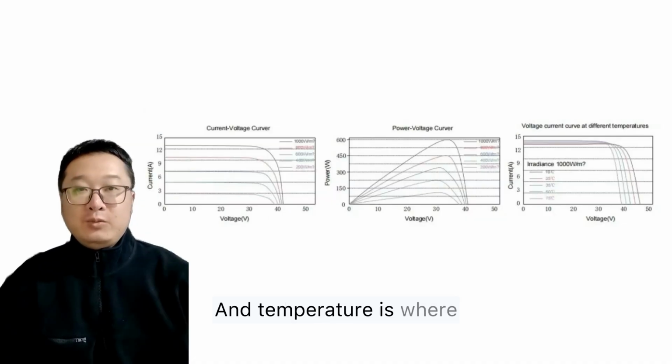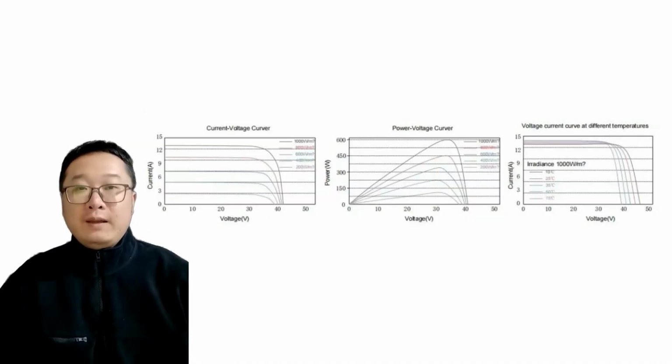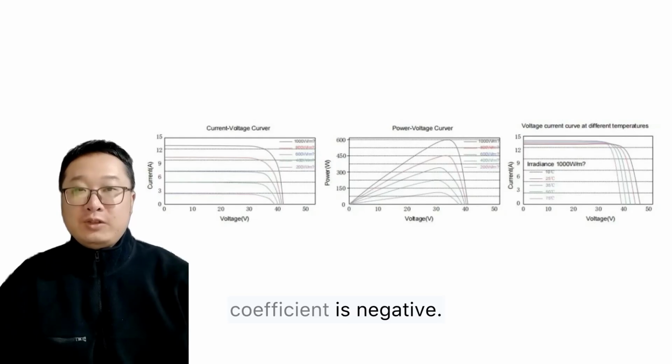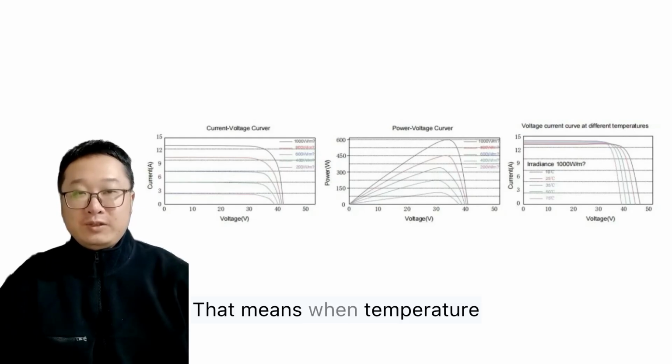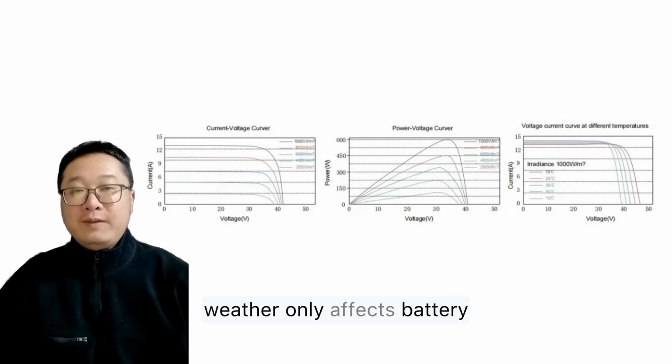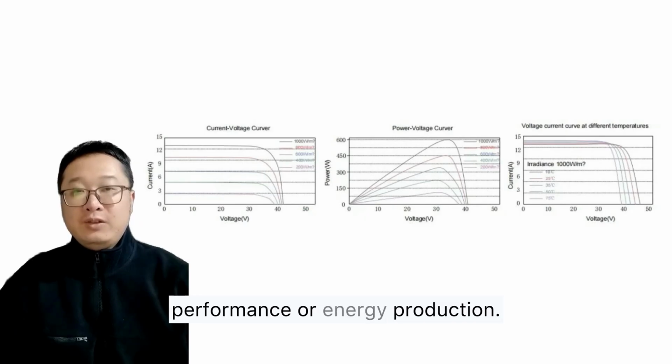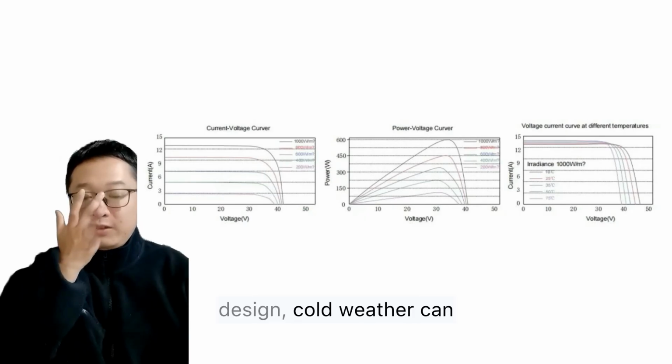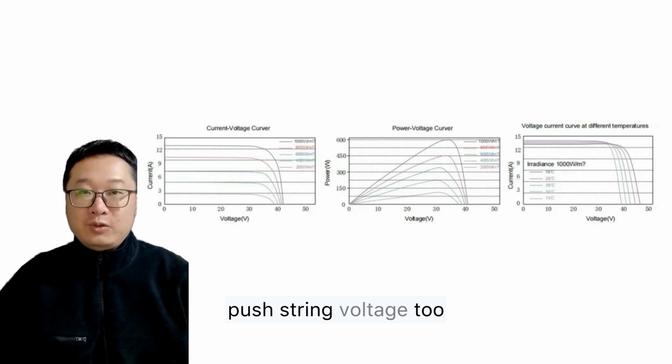And temperature is where many design mistakes begin, because the voltage temperature coefficient is negative. That means when temperature drops, VOC goes up. This is very important. Many people think cold weather only affects battery performance or energy production. But in solar string design, cold weather can push string voltage too high. That's why I never check voltage only at 25 degrees Celsius.